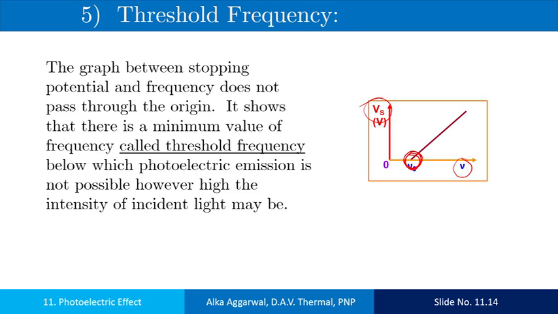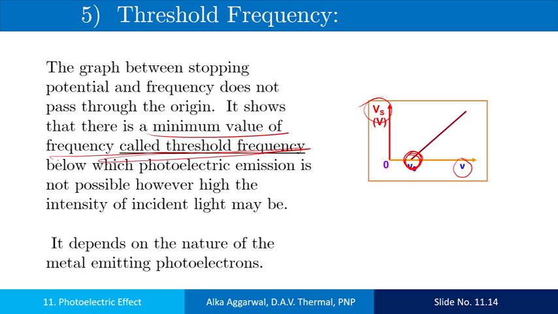It means there is no emission of the photoelectrons if the frequency is below some minimum value, and that minimum value of frequency is called threshold frequency. The value of the threshold frequency is different for the different material. The threshold frequency depends on the work function of the metal.